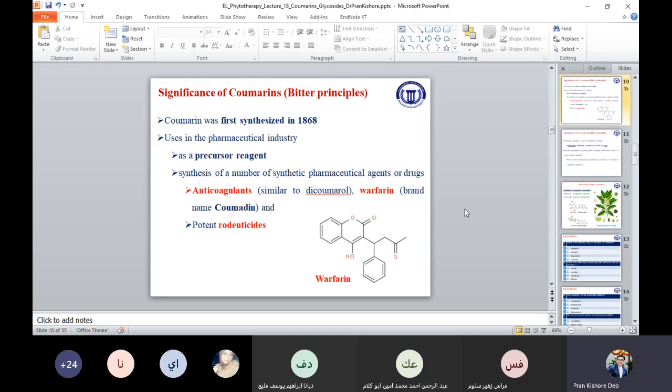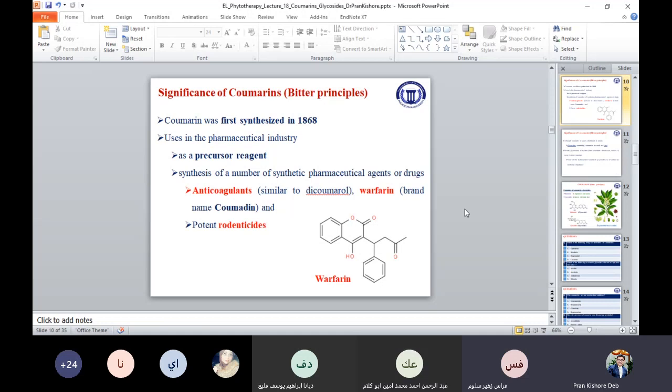Benzo 2-pyrone and benzo 4-pyrone. Is it benzo 2-pyrone or 4-pyrone? It's 2-pyrone. And benzo 4-pyrone is a part of which type of compound? The flavonoids. Benzo 4-pyrone is a part of flavonoids. Benzo 2-pyrone is a part of coumarins, right?